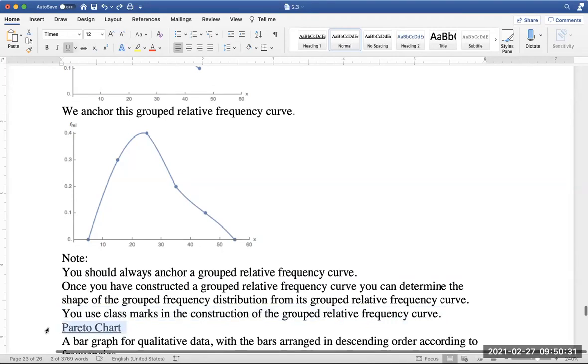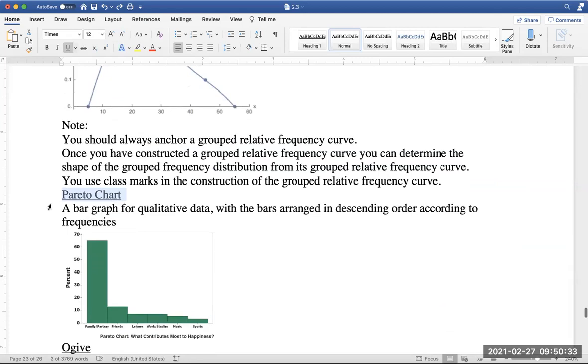Or a pictograph. If you happen to have qualitative data, and you have frequencies from this qualitative data, then you can draw what's called a pictograph. In a pictograph, you sort your data according to frequencies.